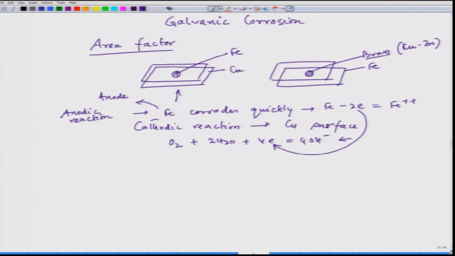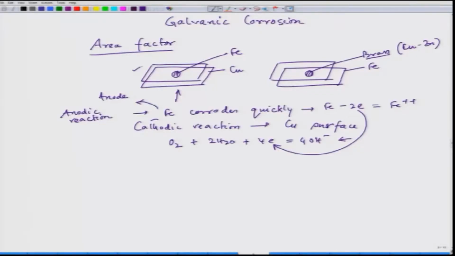The rate of iron dissolution would be faster, and this is the concept of area factor in galvanic corrosion. If the cathode area is very large and the anode area is small, then the danger of galvanic corrosion is felt very aggressively, just like in this case.